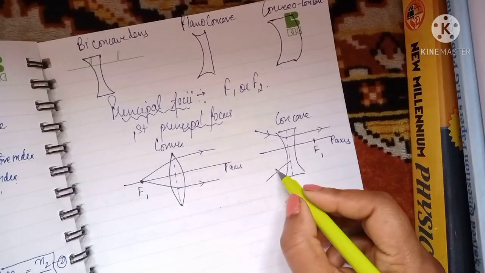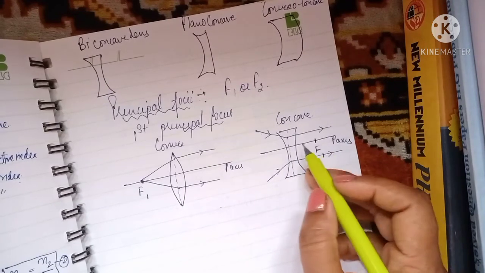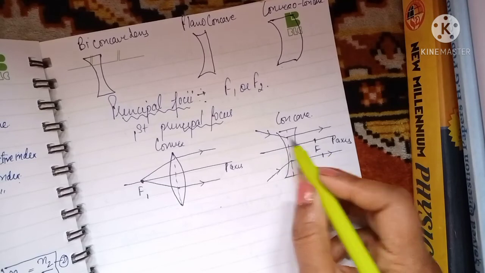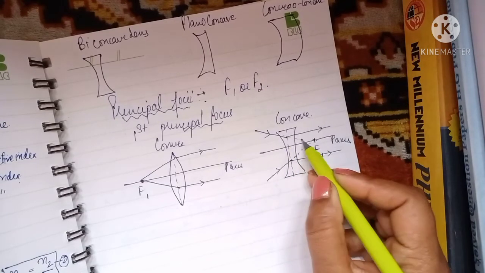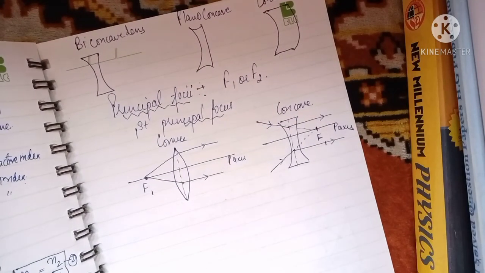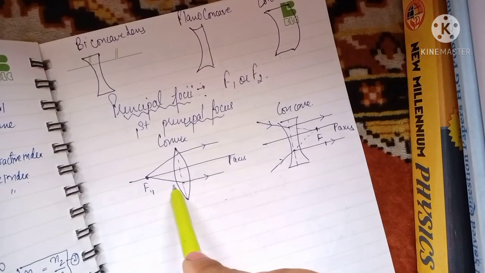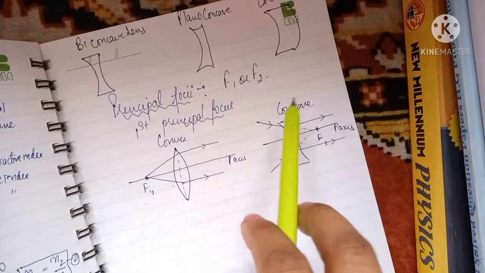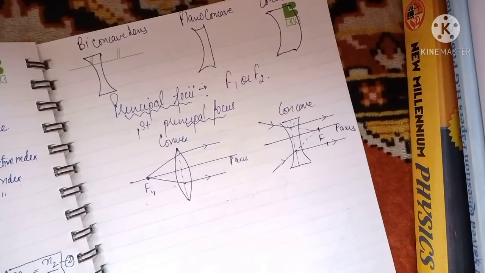Similarly, if the rays come from here, the rays go like this. As we know they have to meet at a point, focus, so they appear to move toward a point named focus. What you have to remember is that the first principal focus for the convex lens lies on the left hand side, whereas for the concave lens it lies on the right hand side.